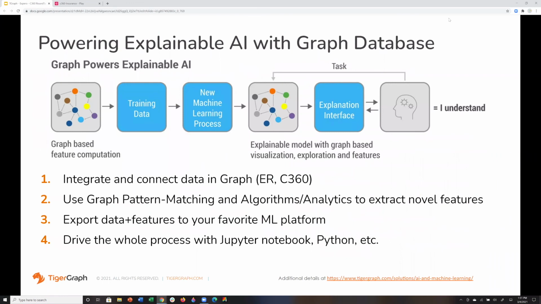Next slide. So again, an advantage of using graph for your machine learning and AI is that it tends to be very explainable, because the graph data model, the connections have meaning to people, and a pattern in a graph can often be translated into an English sentence, like, this person bought this car from that dealership in that year using this sort of financing.